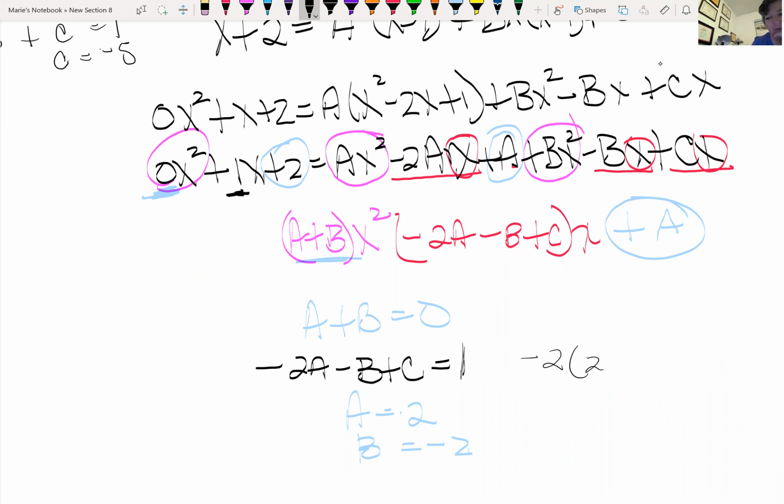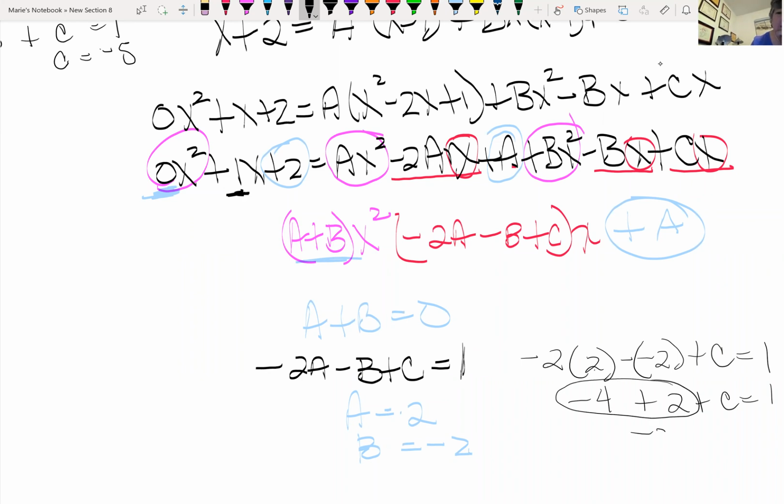Negative 2 times 2 minus the negative 2 plus c is equal to 1. So this is minus 4 plus 2 plus c is equal to 1. If I combine these two, I have negative 2 plus c is equal to 1, and therefore c has to be equal to positive 3.